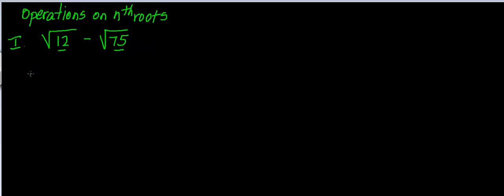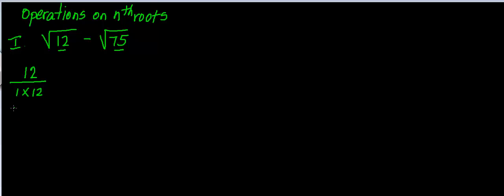If I take the square root of 12, now remember, to simplify this, I make a list of all the factors of 12. I always start with 1, even though 1 times 12 is never going to be a candidate for simplifying 12, because that just gets me to 12 again. I've done nothing. But I always like to start at 1 so that you know that you can go in order and you don't miss any factors.